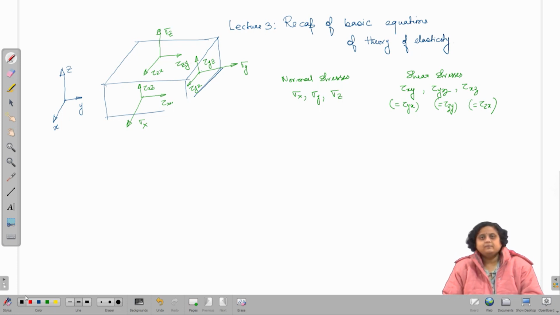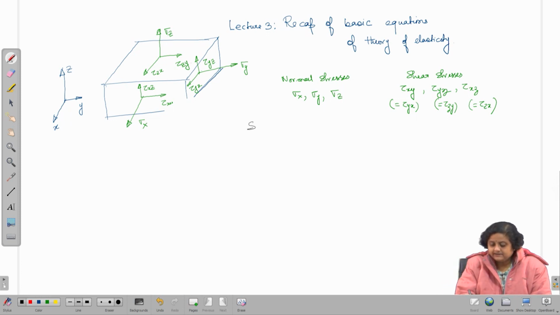So, what we will do is write down the simpler equations relating the strains with the displacement, which could be further worked on to get the conditions for compatibility.